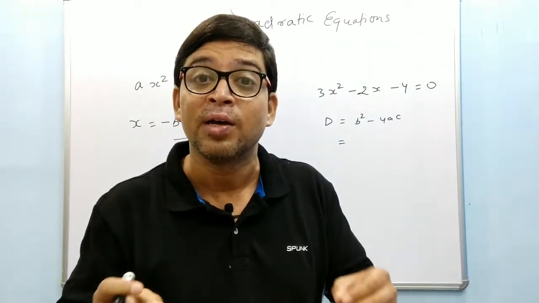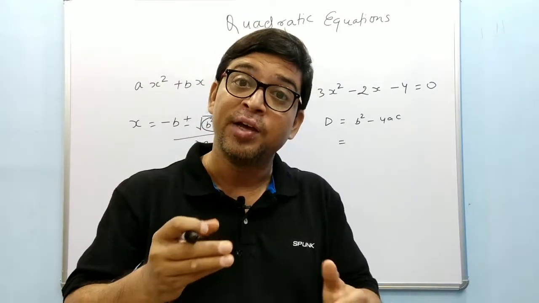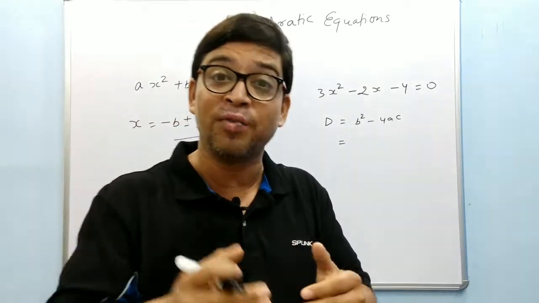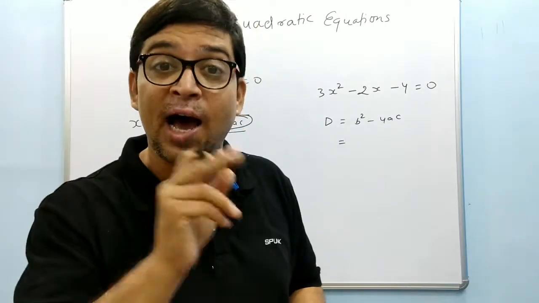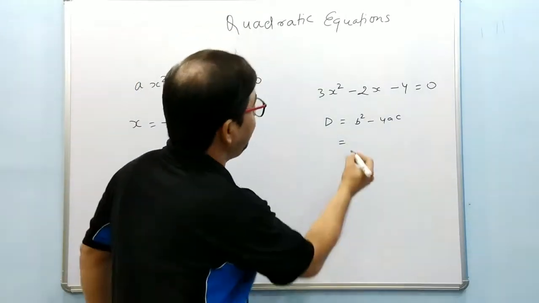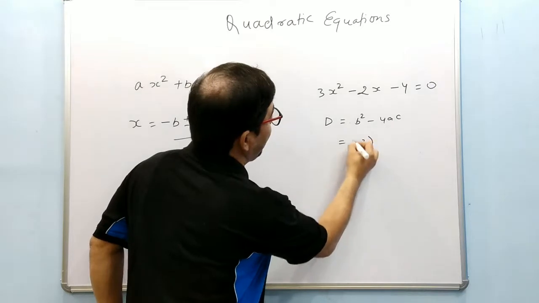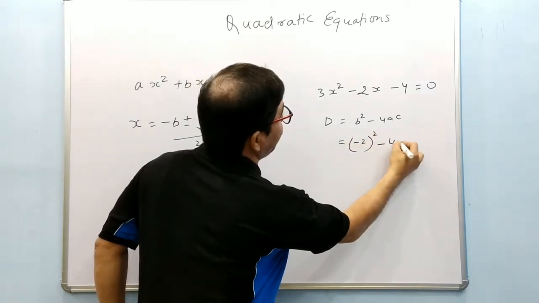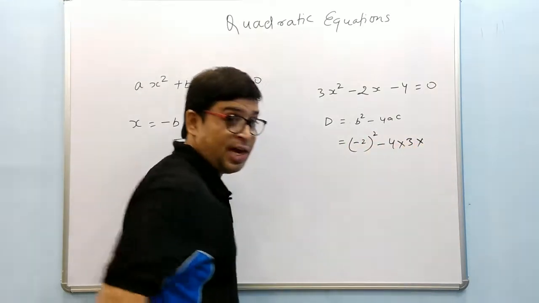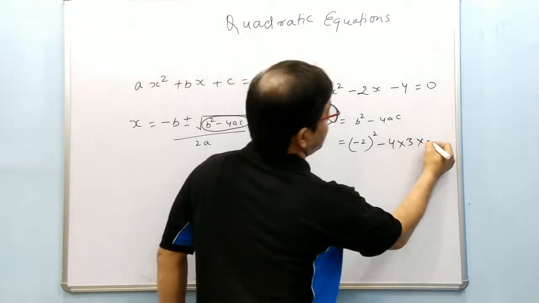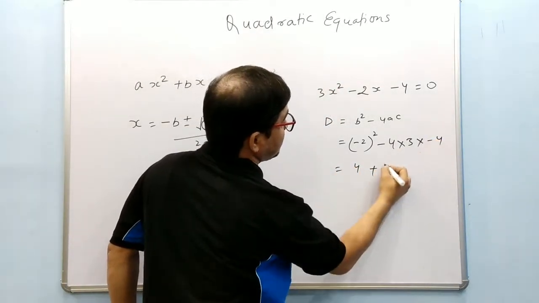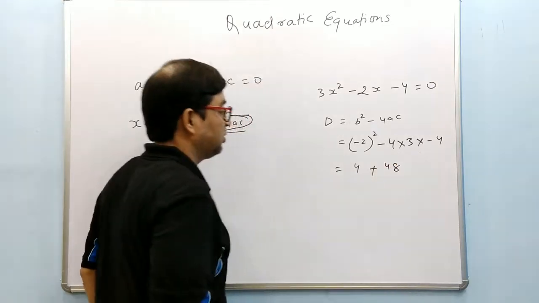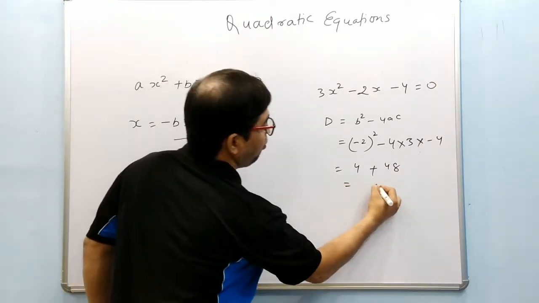Same way, say the number along with positive 2, minus 2, like that. Make a habit. So it is coming out to be minus 2 square minus 4ac. 4 into 3 into c, what's that? Minus 4. So it comes out to be 4 plus 48, which is 52.